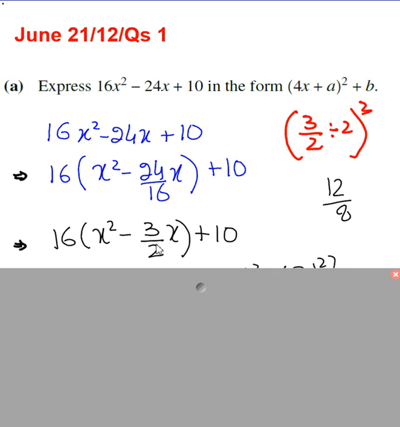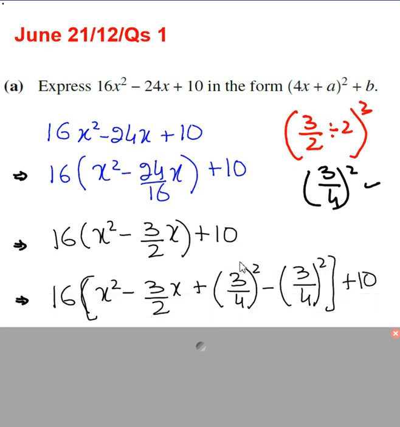I'm repeating, the coefficient of x, half it, I mean divided by 2. So it will become 3 upon 4 square. So this is the term I will add and subtract here, right? And you can see I have done here 3 upon 4 square added, 3 upon 4 square subtracted.